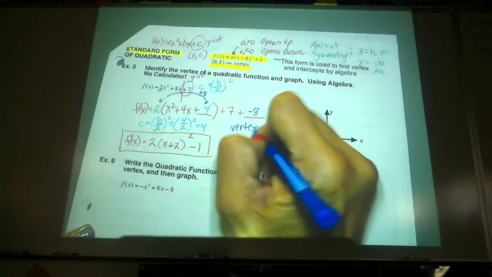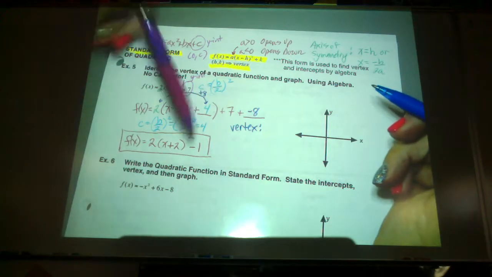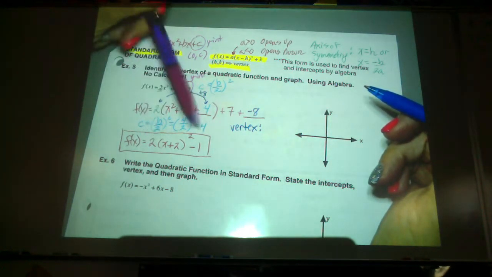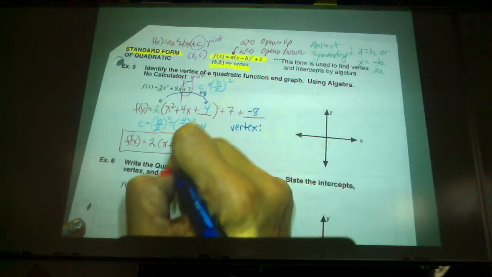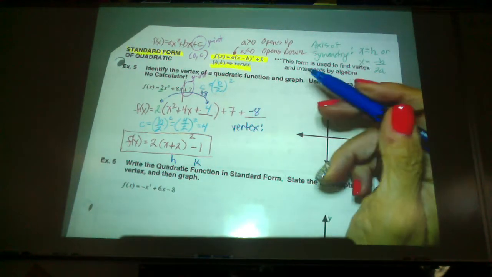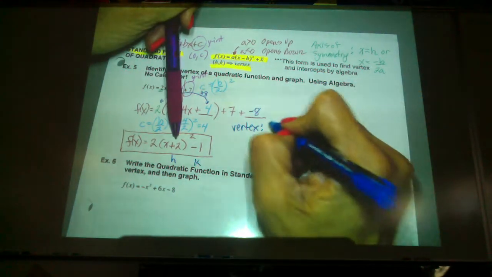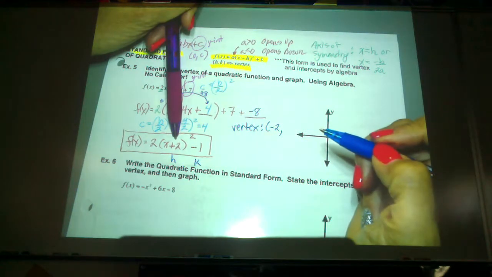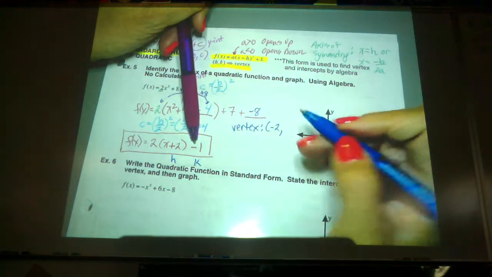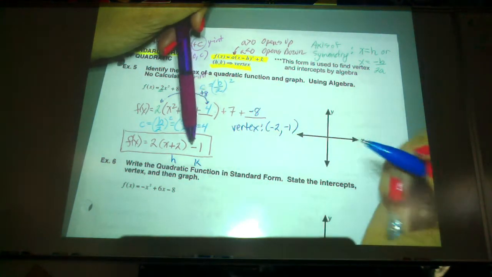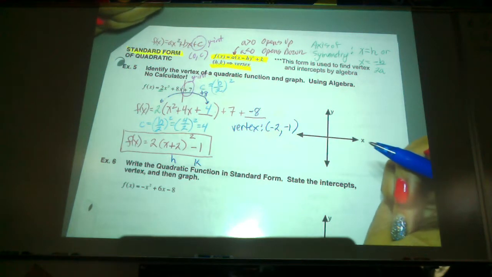My vertex is what? Look at this right here. What's my vertex? Yep, this is your H, and this is your K. Opposite sign inside, so that makes it a negative 2. Same sign outside, negative 1. So I know my vertex is at (-2, -1).